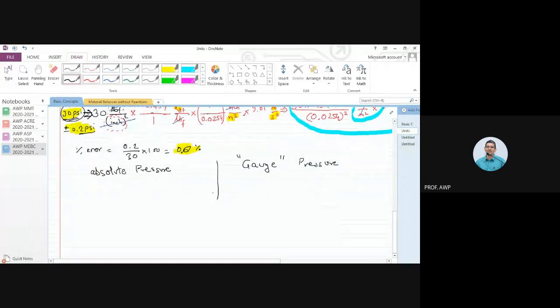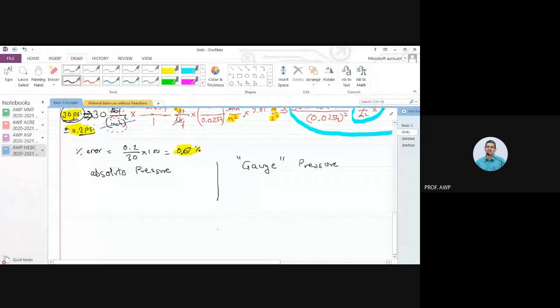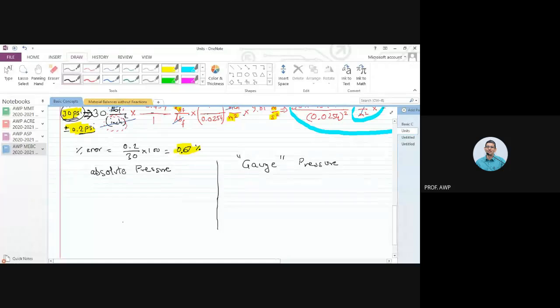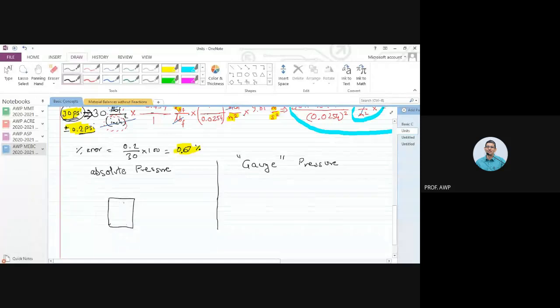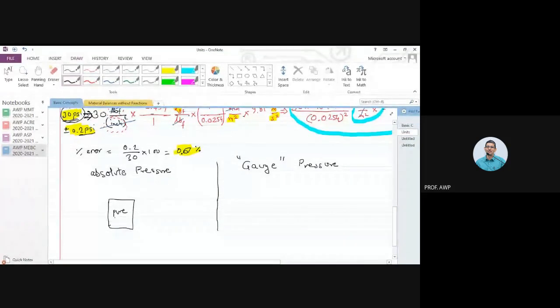So when I say absolute pressure, let's say imagine that I have a tank. Now, let's say this tank consists of pure hydrogen gas.